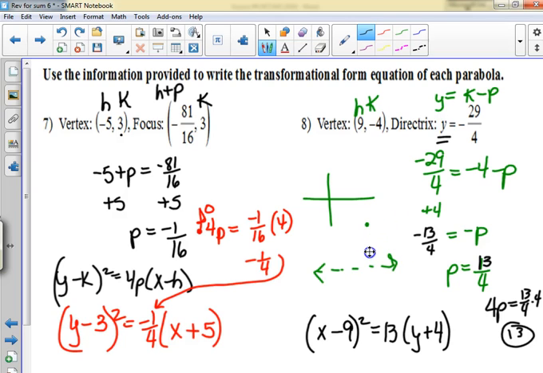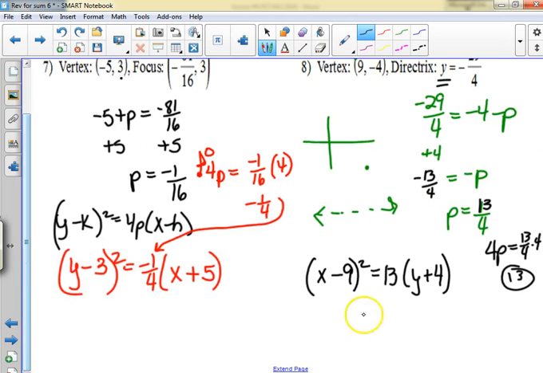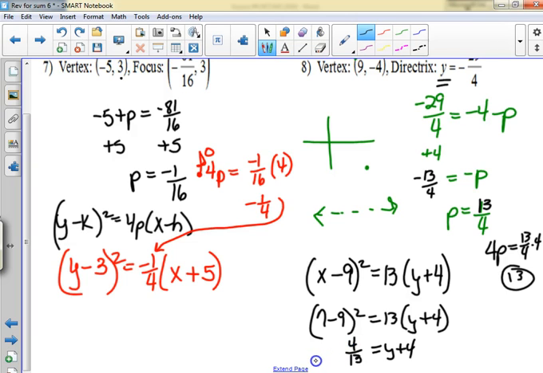All right. How would we find another ordered pair for this one? If we went over 9, down 4, you don't have to. I'm just trying to help you with this idea. What's 2 units away from over 9? Over 7, maybe? So if I put in a 7 minus 9 squared equals 13, y plus 4, this would be negative 2 squared is 4, 4 over 13, subtract 4.